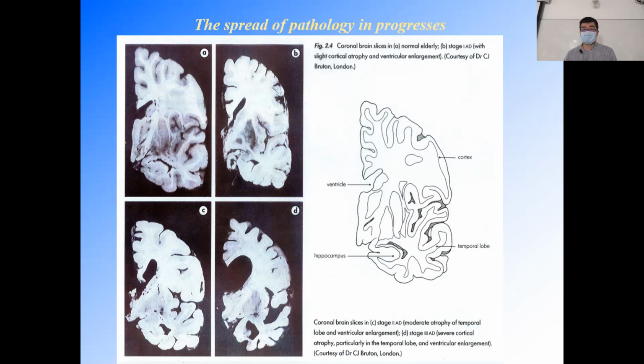Okay. And you can see that the ventricle will enlarge because of the loss of tissue, and the space is occupied by more CSF fluid. Okay. So this also tells you that the tissue loss is associated with the memory loss. Okay.